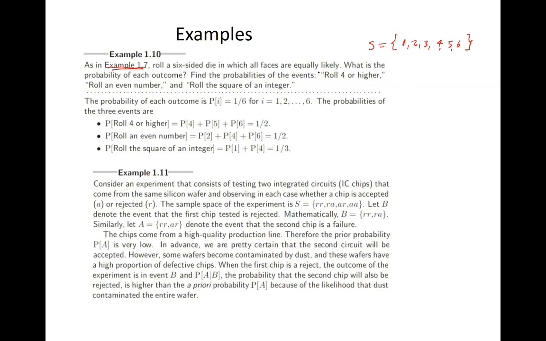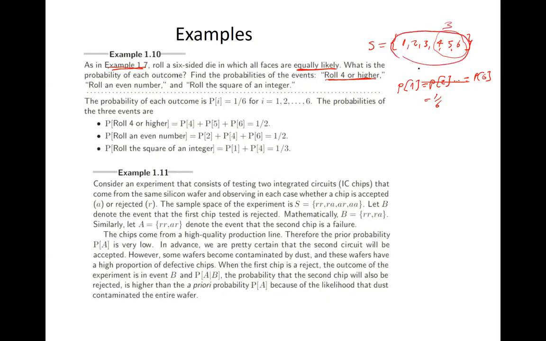So since these are equally likely, then probability of, let's say, 1 is equal to probability of 2, probability of 6. All are equal. Okay. Now, what is the probability of roll 4 or higher? Roll 4 or higher. So simply probability of this subset or event.